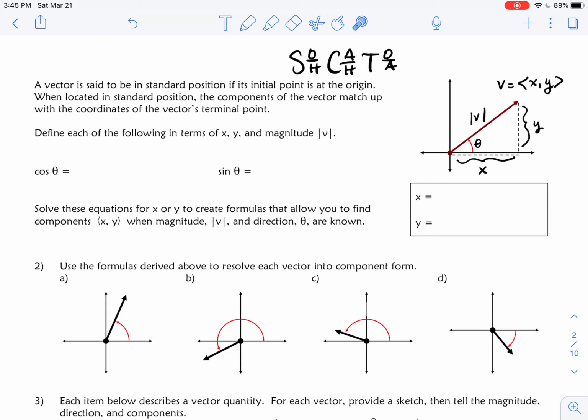So this is going to be x divided by the magnitude. Sine is going to be the opposite over the hypotenuse. So sine of this theta here is going to be the y value over the magnitude.